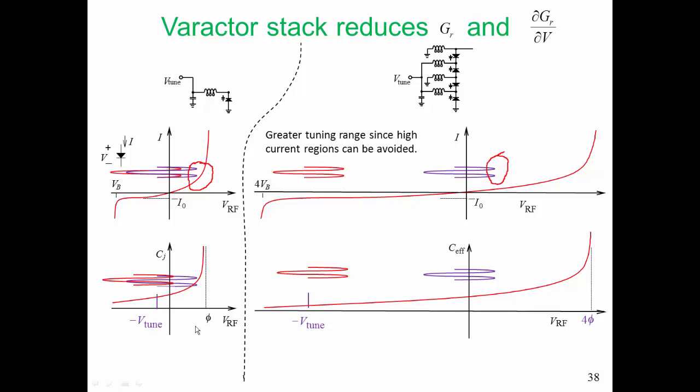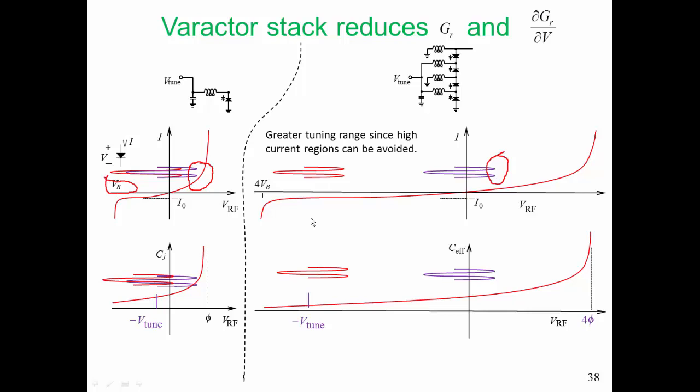So here I've added the RF signals at another tuning voltage. So that's the red curves there. We see that when we change the tuning voltage, we move a little bit more into the reverse bias region, there will be significant current flow when our RF signal extends into that breakdown region.